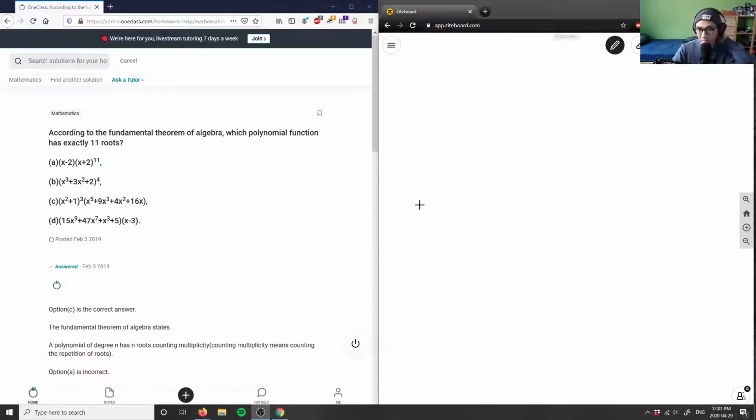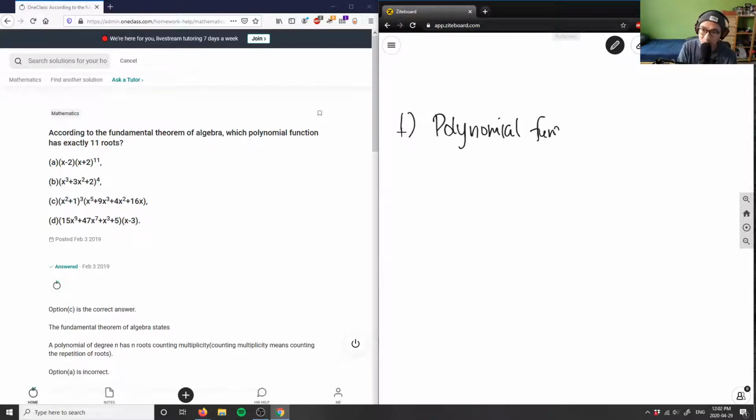All right, so we have here: according to the fundamental theorem of algebra, which polynomial function has exactly 11 roots? So we're looking for a polynomial function that has 11 roots. When we say it has 11 roots, we can also say it has 11 x-intercepts or 11 solutions to the polynomial.